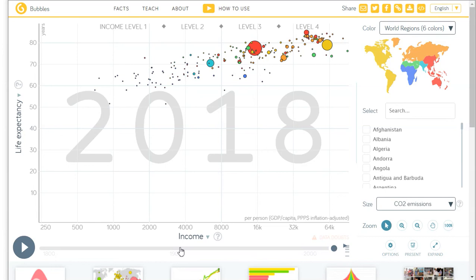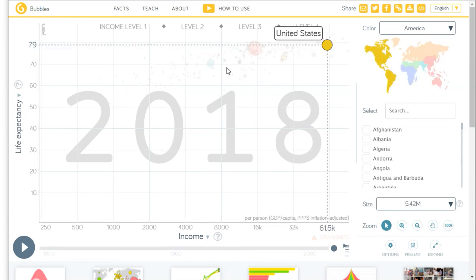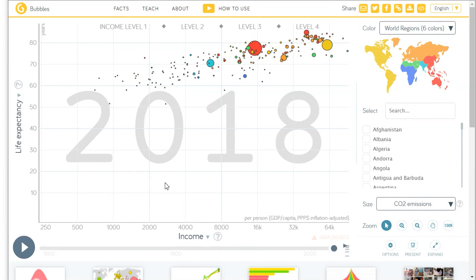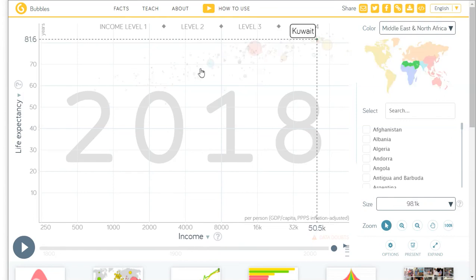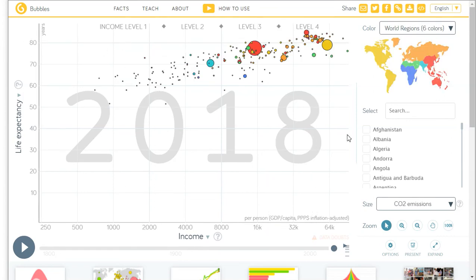If I make the scale logarithmic, it will take an exponential or logarithmic relationship and make it look linear. Doesn't that kind of look like a straight line, wouldn't you say? There's a bunch up here and a bunch down here, but none really here or here.